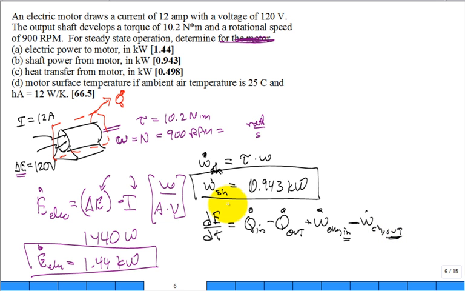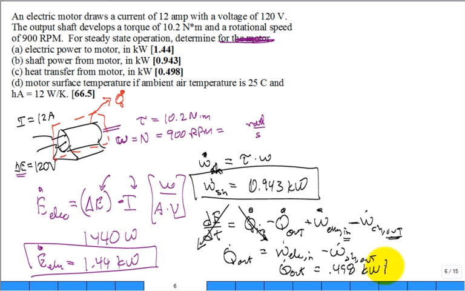All right? So this is steady state. Do I really have an in? No, it's all out. So Q dot out of the system is W dot electric in minus W dot shaft out. So 1.44 minus 0.943, and we find Q dot out is equal to 0.498 kilowatts.